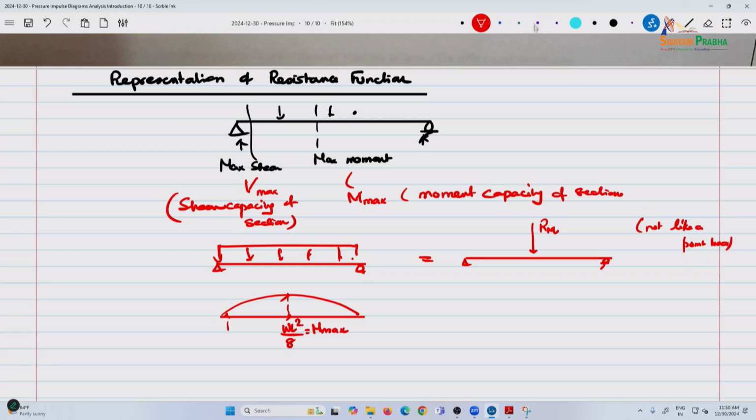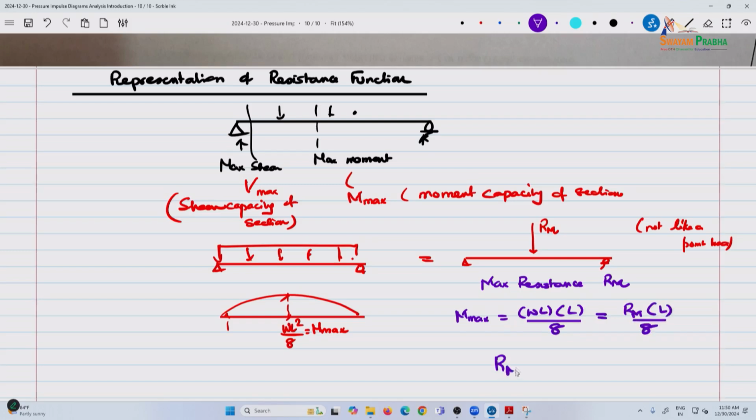The representation of the max resistance Rm, in this case M max we say is WL times L over 8, and that WL is Rm.